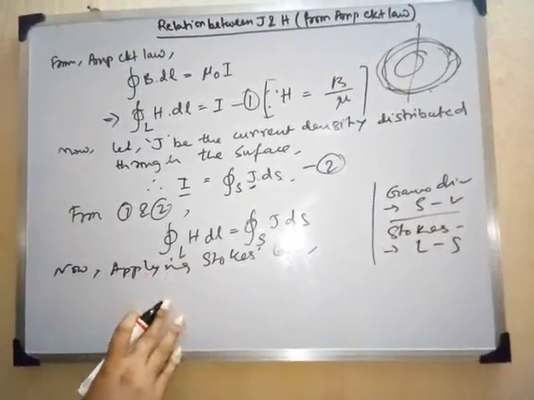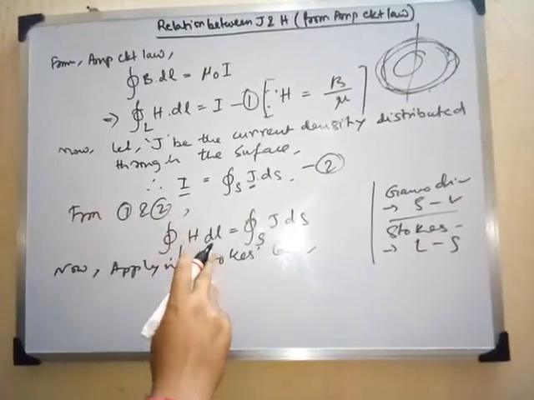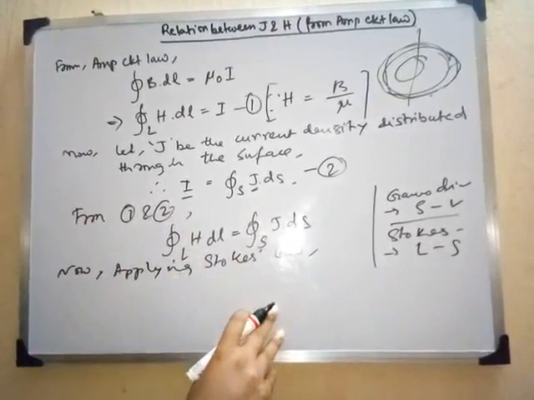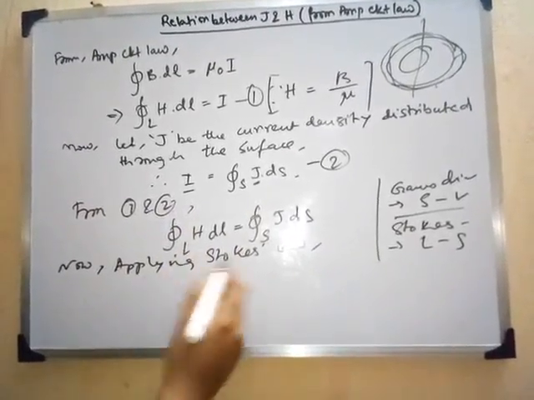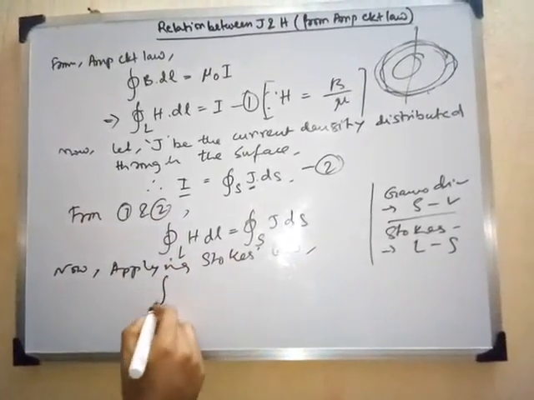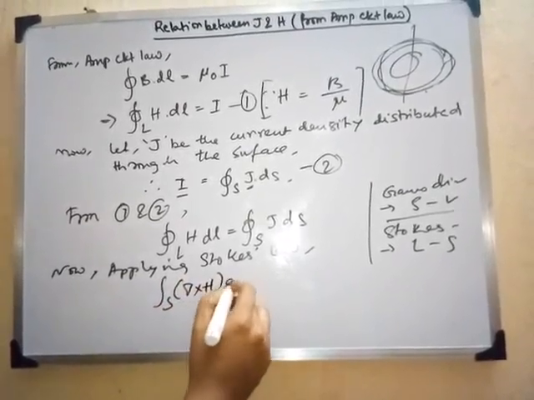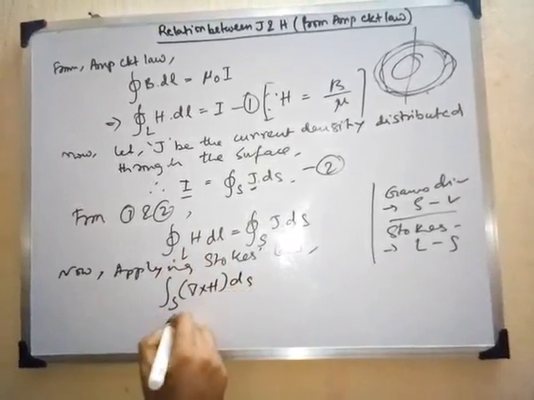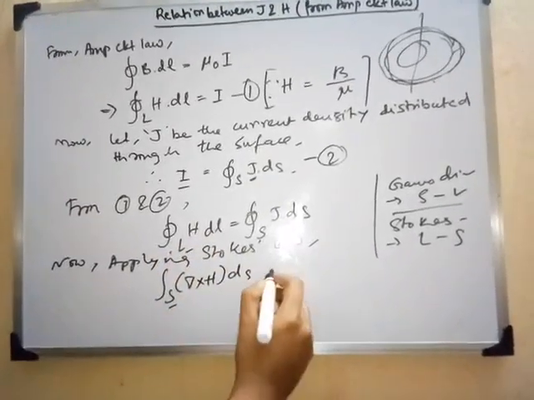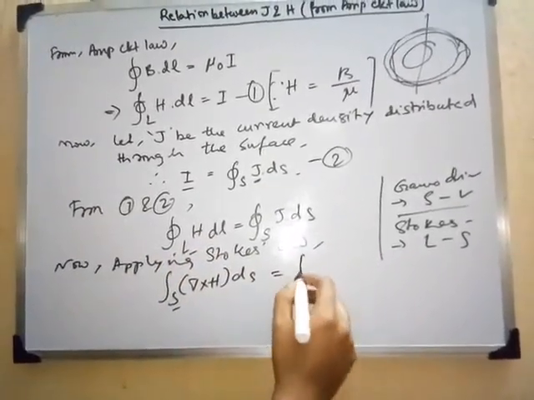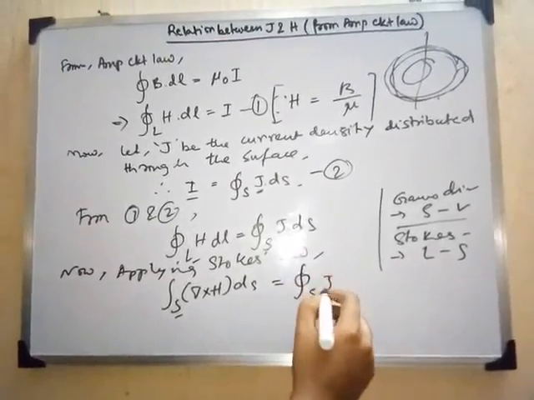So I am simply applying Stokes law on the left hand side so that I can transfer it into a surface integral. Applying Stokes law, we get the surface integral of del cross H dS. So L is converted in terms of S, and the right hand side remains the surface integral of J dS.